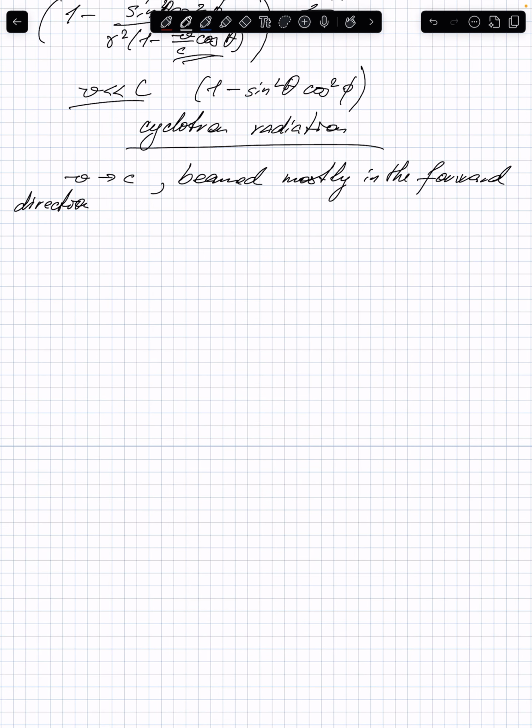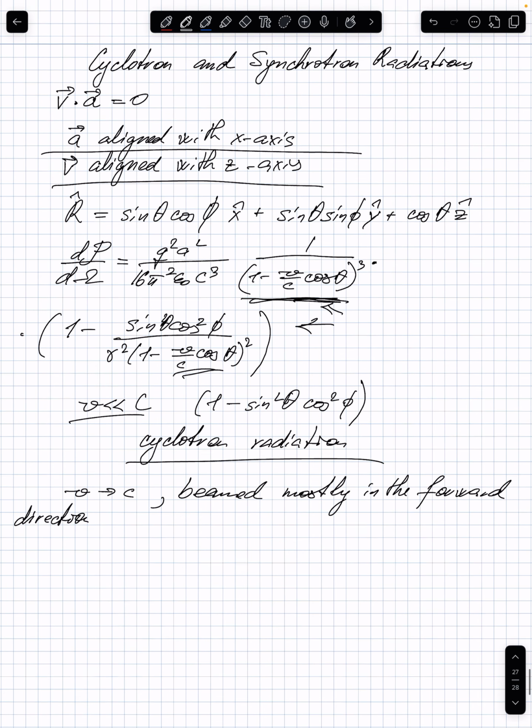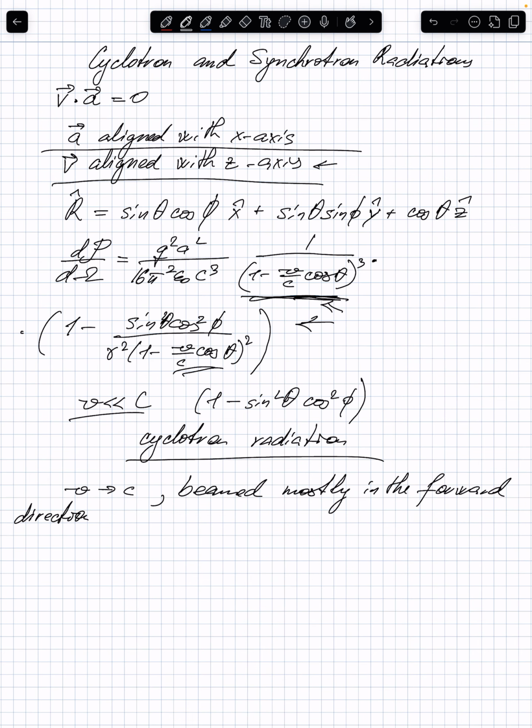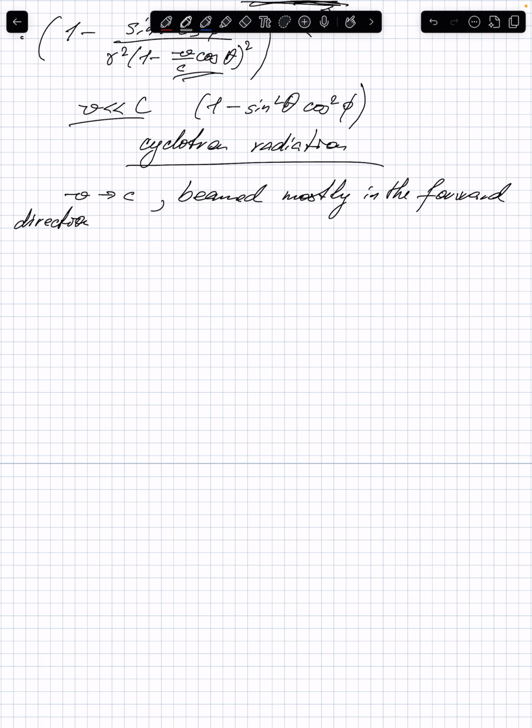Okay, so you can also see by doing this calculation that this will happen when cosine of theta is close to 1 or theta is close to 0, and that would define the forward direction of the particle, as the z-axis is aligned in this case with the v-axis. Okay, again, so beamed mostly in the forward direction, and the total power which will be emitted that way.